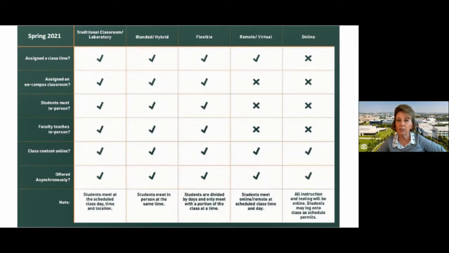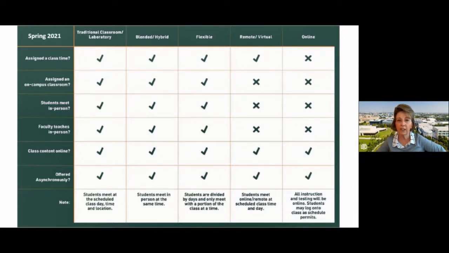The second option that students have is something that we call in the academic world hybrid learning, or sometimes it's referred to as blended. And what that means is that you rotate between being face-to-face in the classroom and having your classes online. So you might have 1 week that you're face-to-face in the room, and the next week class is going to be streamed to you and the professor will be in their office. So that's a little bit of a different version of face-to-face.